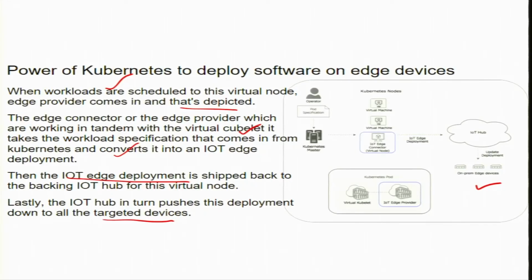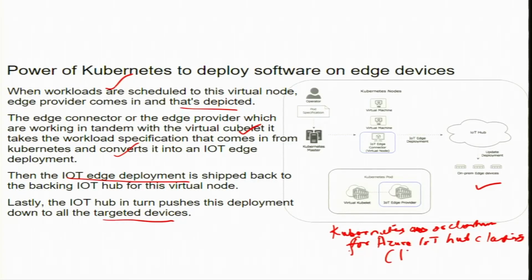So, what we have seen here is the entire ecosystem of using Kubernetes as the orchestrator for managing the Azure IoT Hub clusters, that is, the IoT devices which are running these Kubernetes pods.